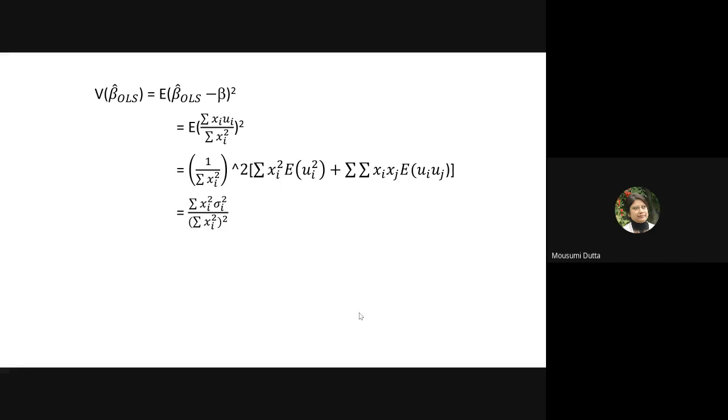So when we are not getting the exact form, sigma square divided by summation xi square, we can argue that since this is not giving the variance of the OLS estimator, it is not the minimum variance. So we are getting the unbiased estimator in the presence of heteroscedasticity, however we are not getting the best estimator. Minimum variance property is disturbed.